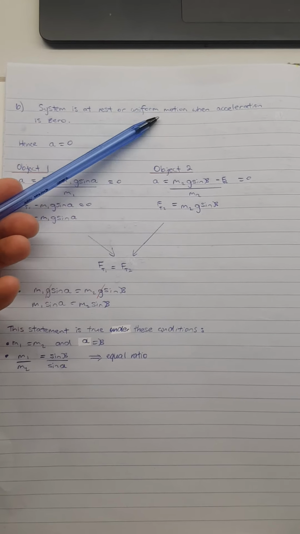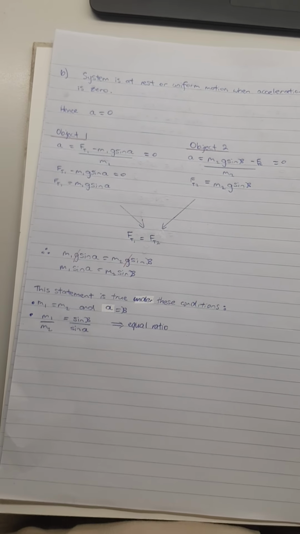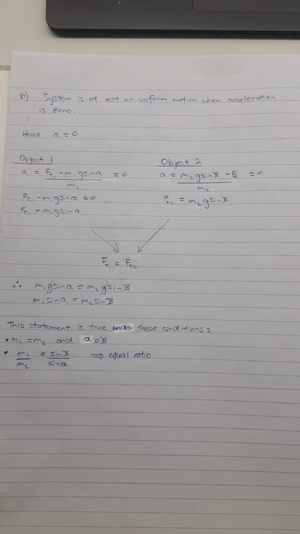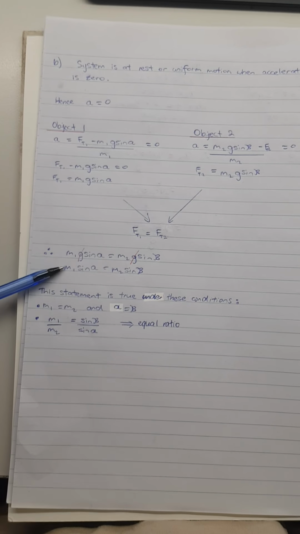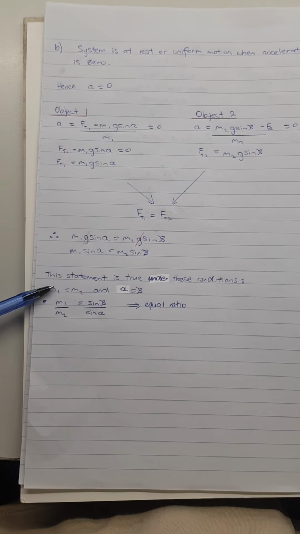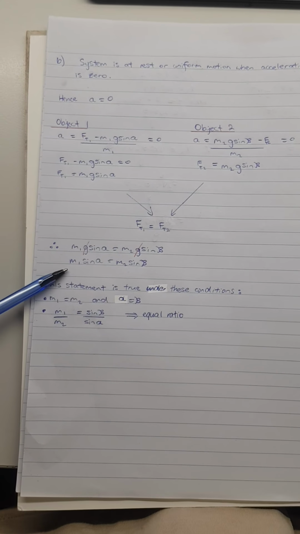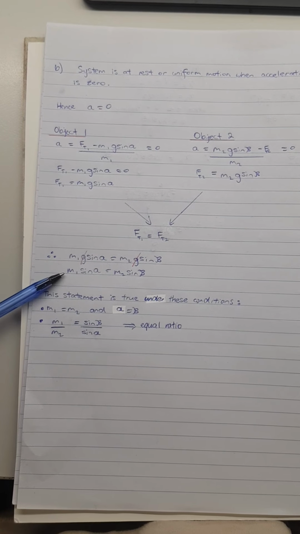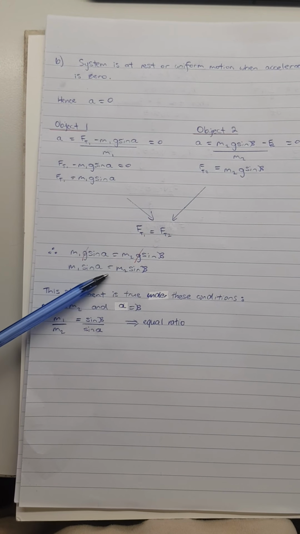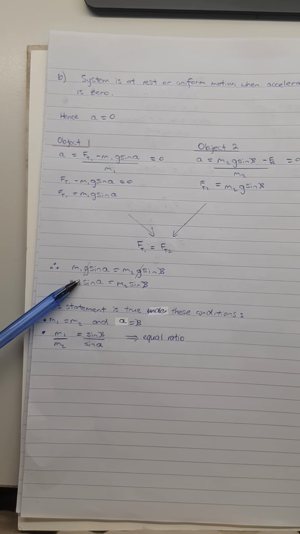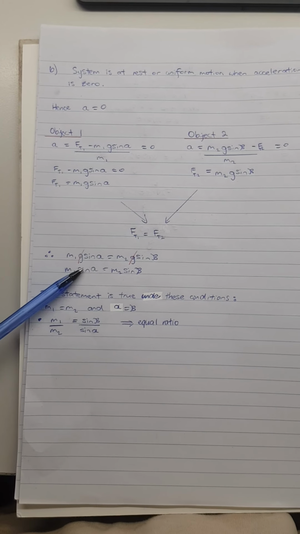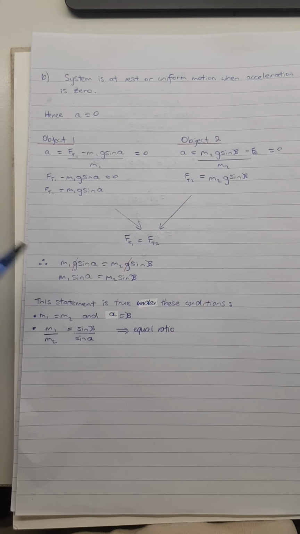We can't tell which one it is, but we do know that those two conditions are met. Just looking at this equation, I can say that this statement is true under these conditions. Intuitively, if m1 is equal to m2 and sine alpha is equal to sine beta, we know that if two numbers multiplied together are equal to the same two numbers multiplied together, then they're equal to each other.